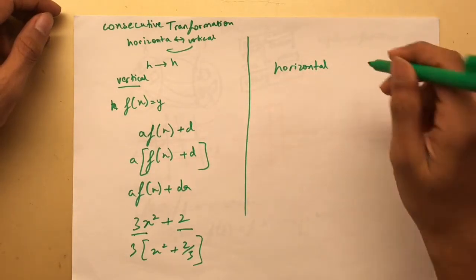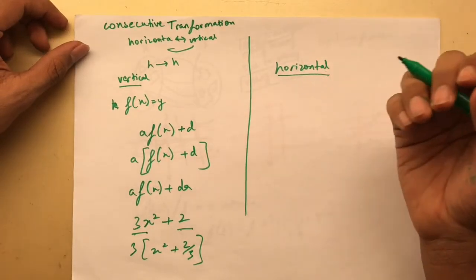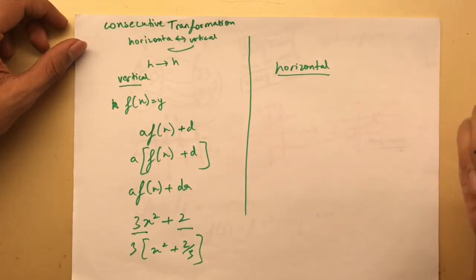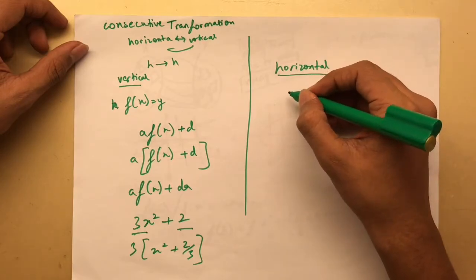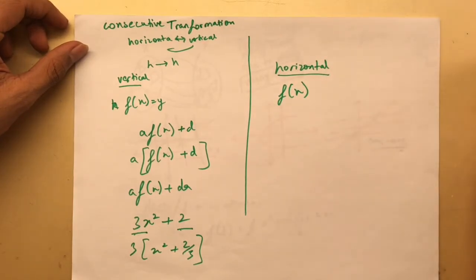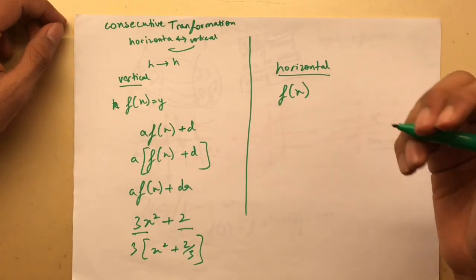However, horizontal transformations don't do that, because what we're doing is replacing x with the transformation. So now let's say I had a function f of x and I moved it again. I stretched it horizontally by a scale factor of a, and I moved it horizontally by a factor d.